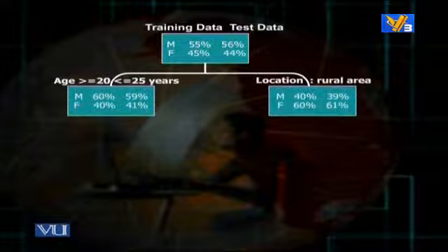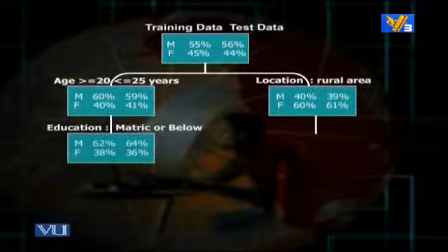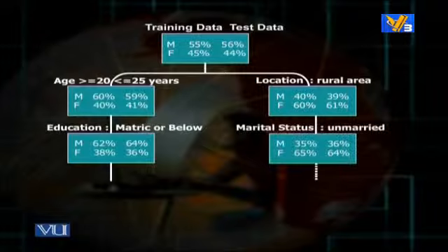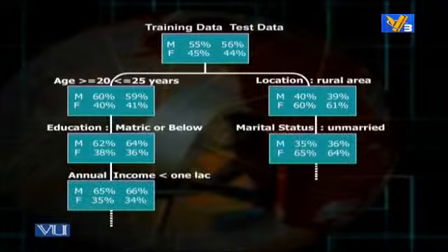So this is the situation at the top when we have no application of any model. At random, when we select the data and check it, we find about 55% males and 45% females. When we apply the data mining tool for classification, the tool, say the ID3 algorithm, may find out that age is that particular variable or attribute which has some significance.